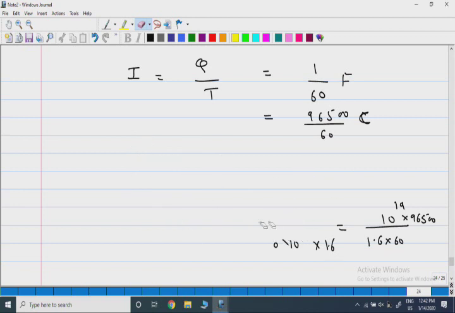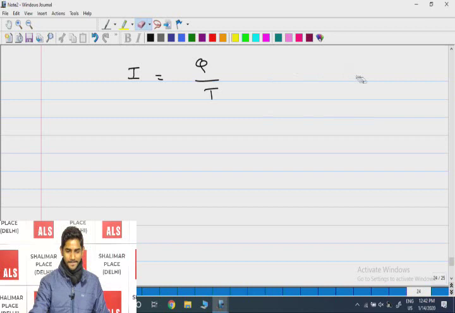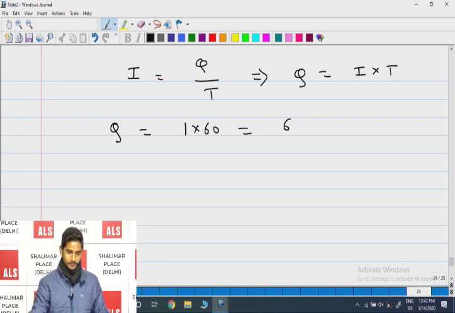Why did you notice this at the end of the problem? You should notice it at the beginning of the problem. I is equal to Q upon T, so Q is equal to I into T. Q is I which was 1, T is 60.